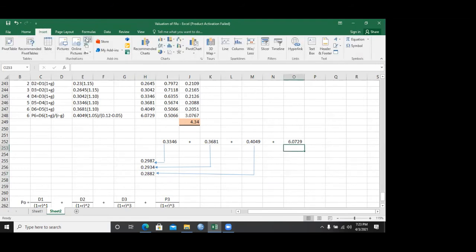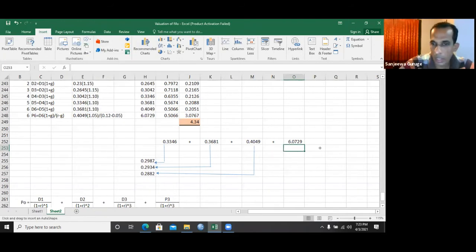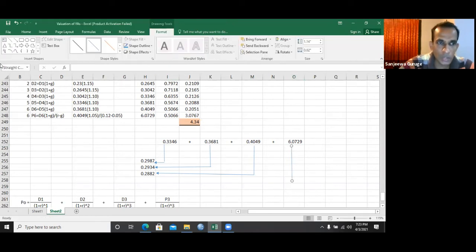And this is the price he's going to get in 3 years, because it was the price at the end of the 3rd year, when the person is going to buy the share. So that should be discounted for 3 years as well.